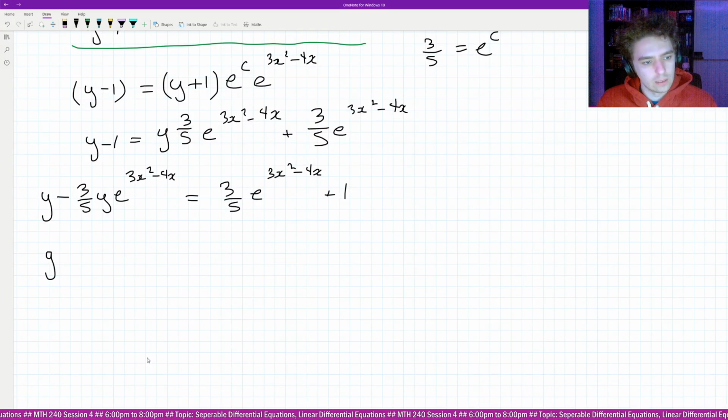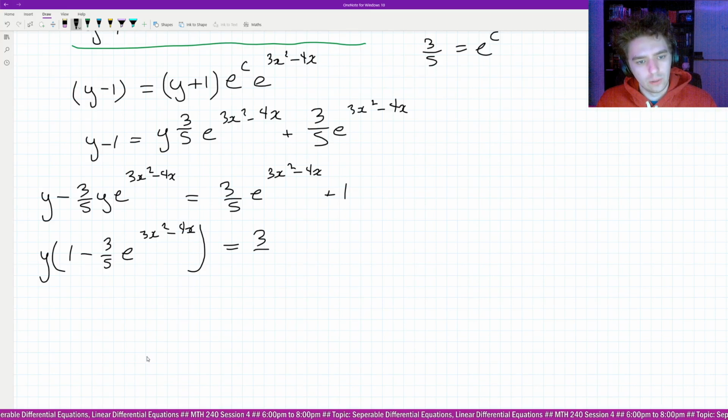So y times (1 minus 3/5 e to the 3x squared minus 4x) equals 3/5 e to the 3x squared minus 4x plus 1.